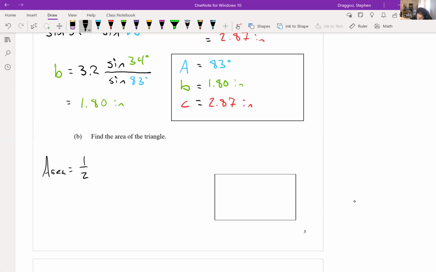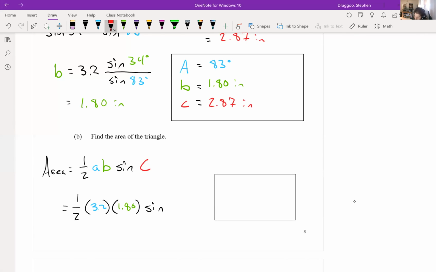The first of which was 1/2 AB sine C. If I color code those real quick, this ends up being 1/2 of a bunch of stuff. So A was given, it's 3.2. Green we had to solve for, it's 1.8.